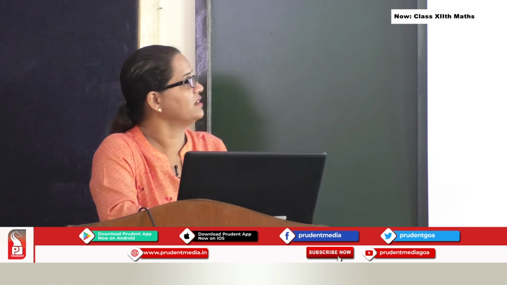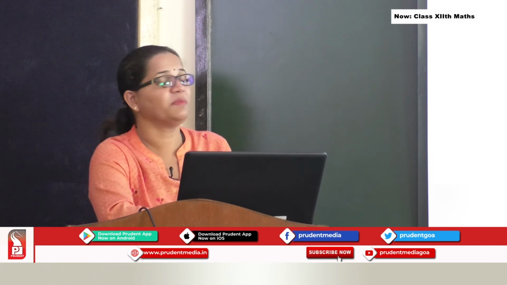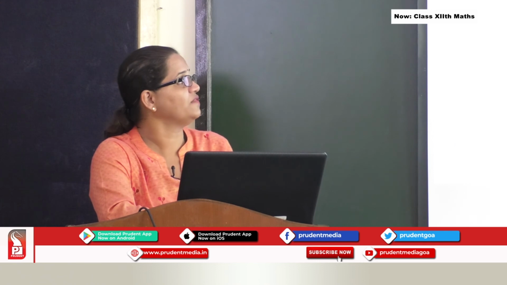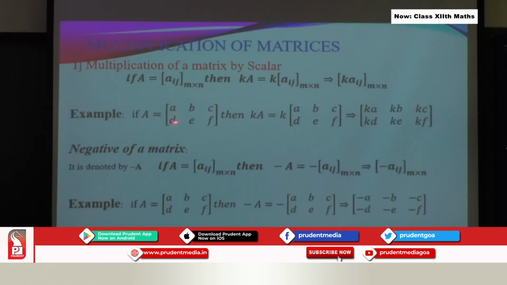Now look at this here. Example. I have this matrix A. What is the order of this matrix? See, it has 2 rows and 3 columns. So the order is 2 cross 3. So over here, when you talk about multiplication of a matrix by a scalar, you can have a matrix of any order.